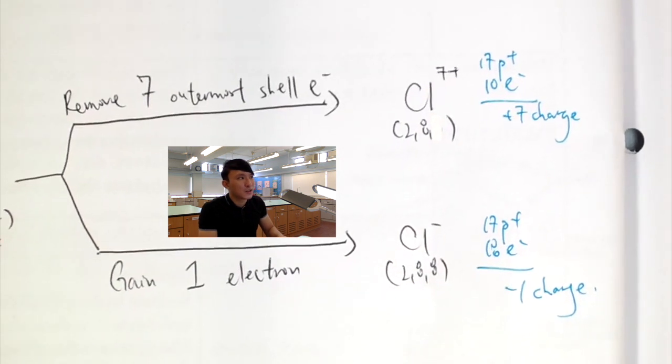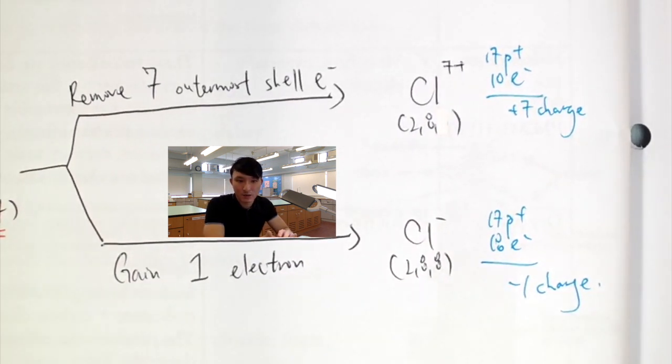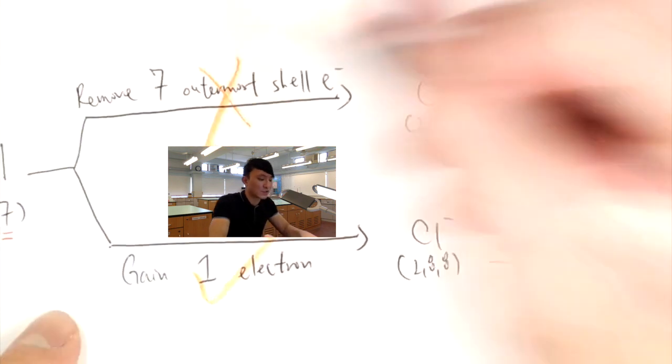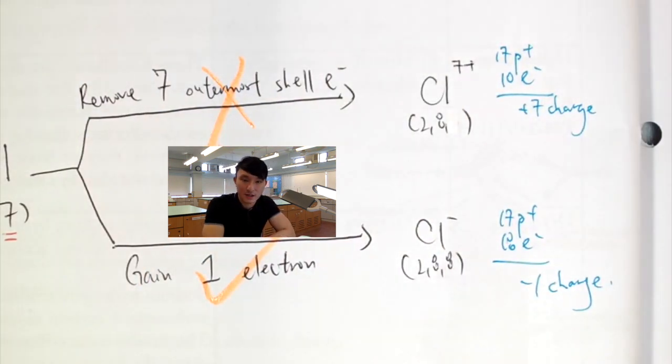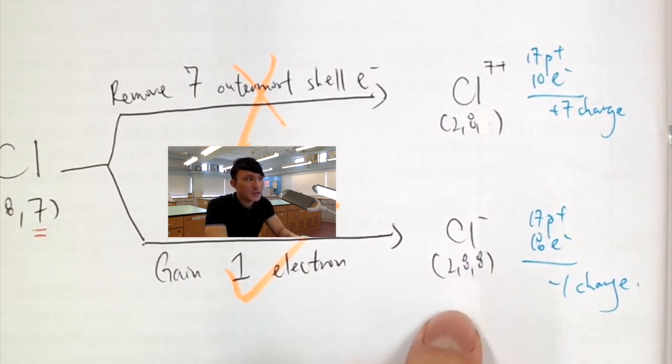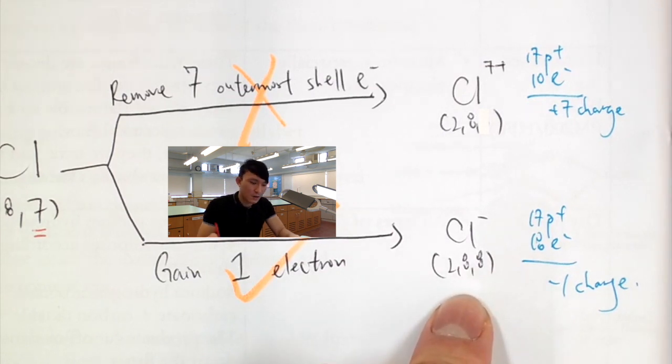So of course, if you are a chlorine atom, you want to become stable, you want to get an octet structure, you will definitely go for this method, and you don't go for the other method, isn't it? So that's why the chlorine atom will choose to gain an extra electron to become the chloride ion.